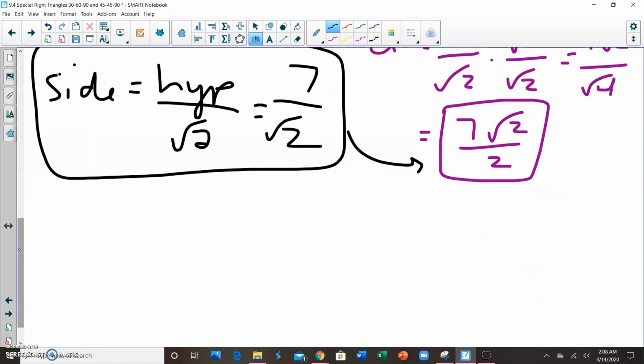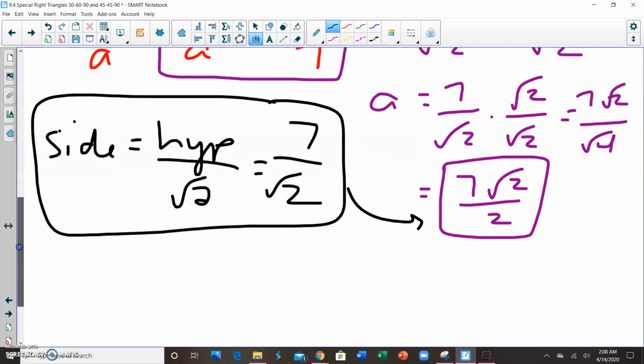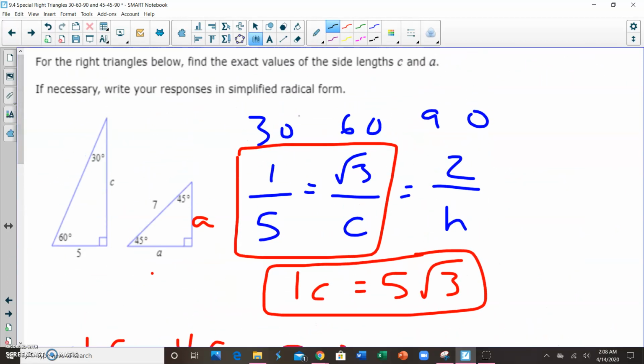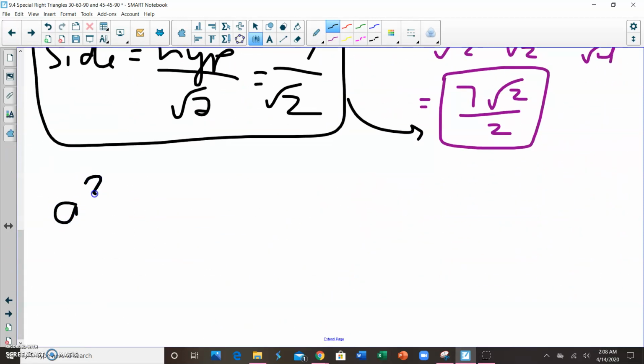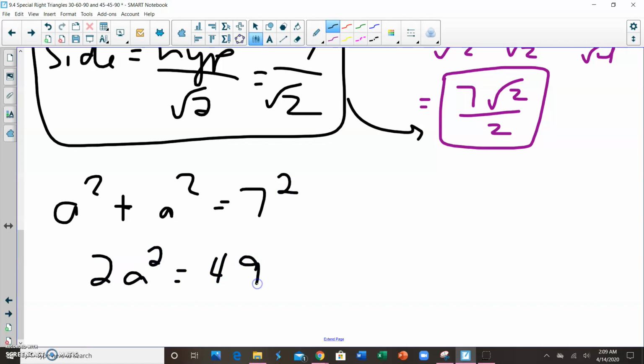All right, the last way you can do this is, those are both A's, so that's an A and that's an A. So you can simply use A squared plus A squared is equal to 7 squared. So 2A squared is equal to 49.